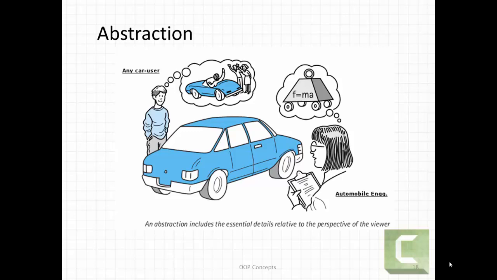So abstraction is the concept where you let the user focus only on a very limited side of the object, not on the complex side of the object. You do not need to know about the internal complexity of the object. You just have to focus on very minimal things for the object.